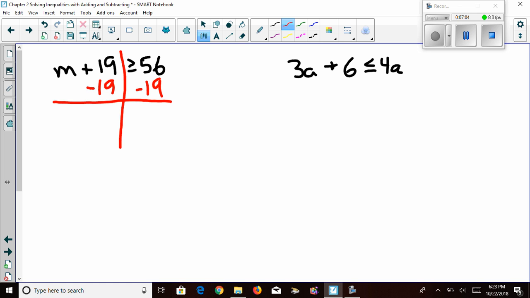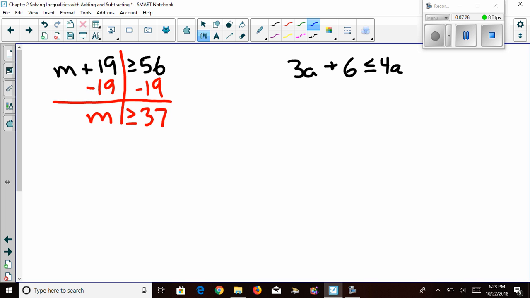On the left, I'm left with m. I'll have greater than or equal to, and then I look at the 56 minus 19. 56 minus 19 is 37, so I get the answer that m is greater than or equal to 37.